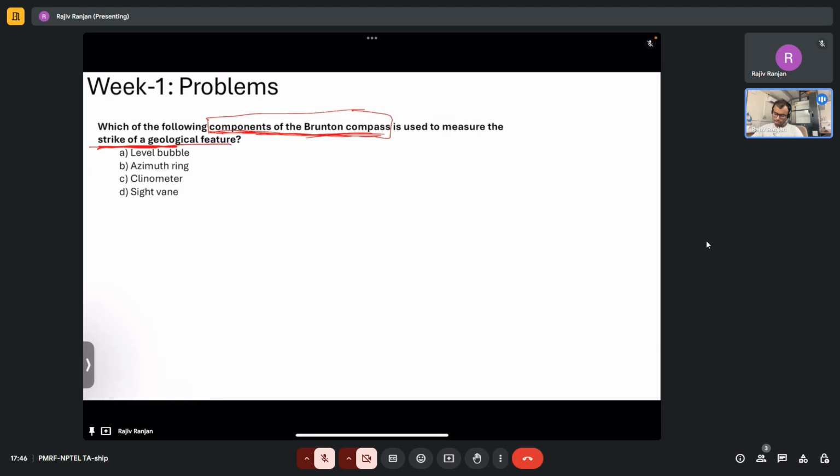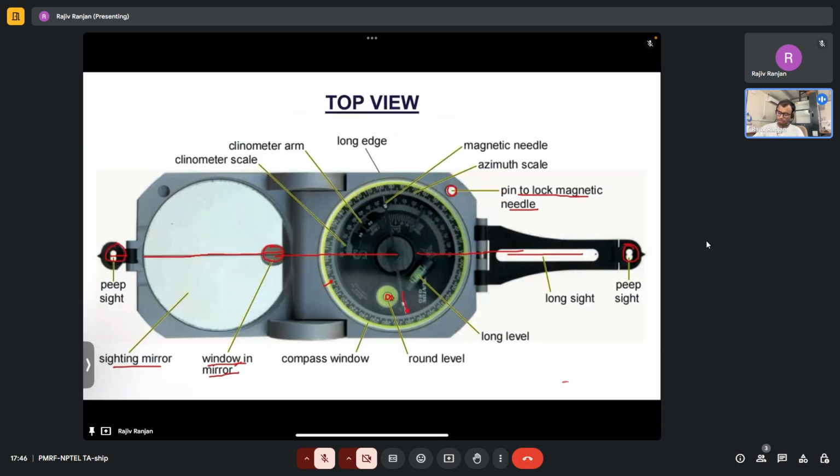So this photo has been taken from Google. This is the top view of a Brunton compass.